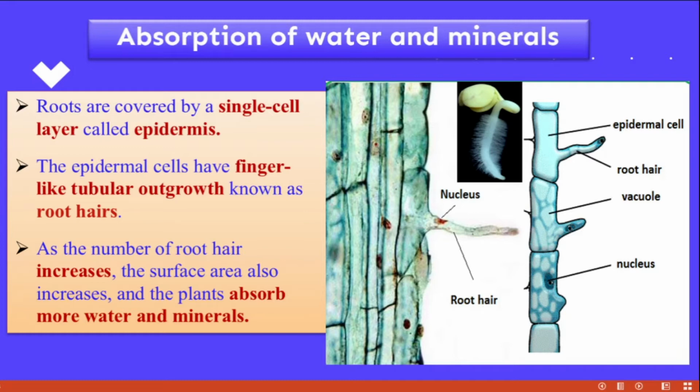As the number of root hairs increases, the surface area also increases. It helps to absorb more water and minerals. If the plant has a large number of root hairs, it can absorb more water and minerals.